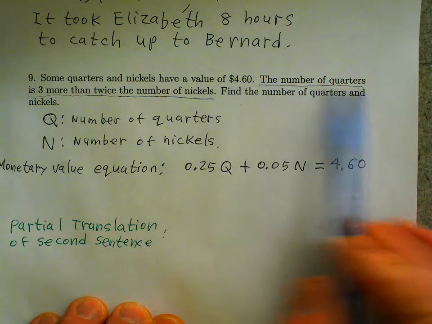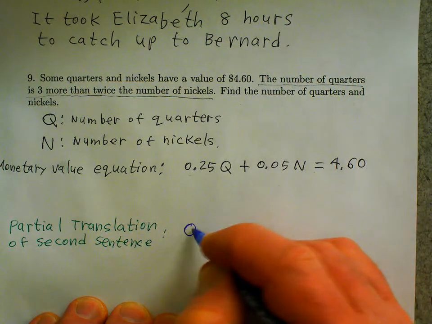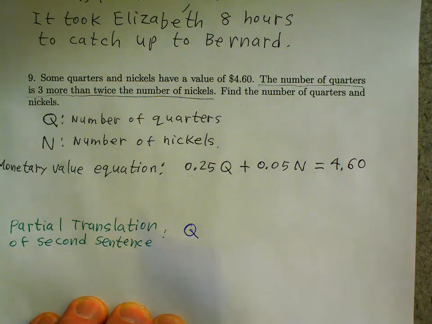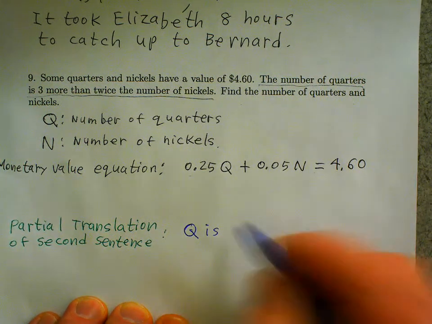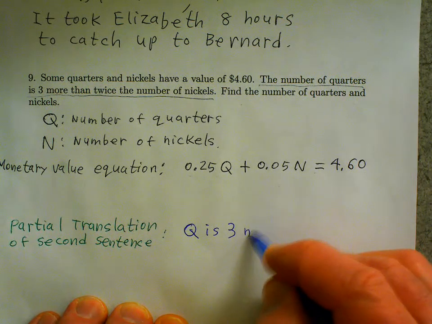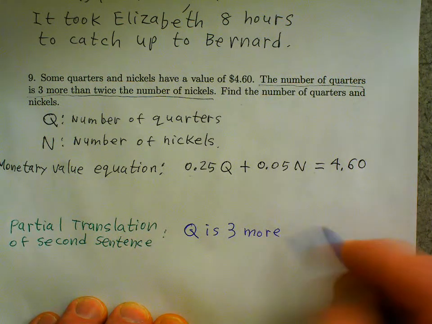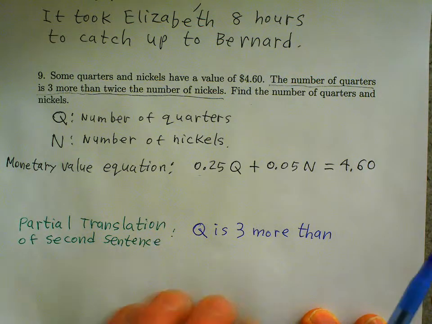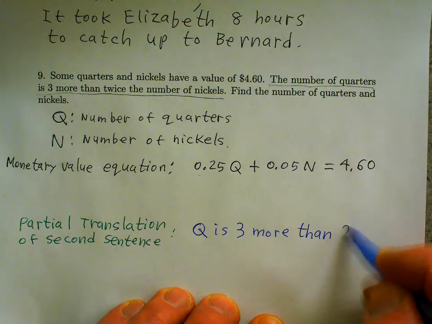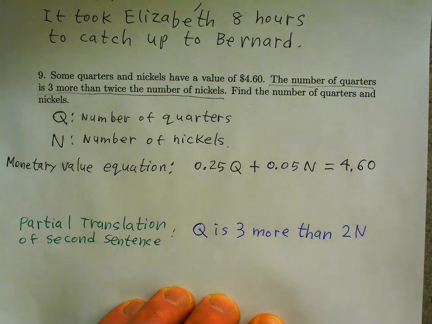The number of quarters, that's Q. So Q is 3 more than twice the number of nickels. How do we represent twice the number of nickels? 2N, right? 2 times N is twice the number of nickels.